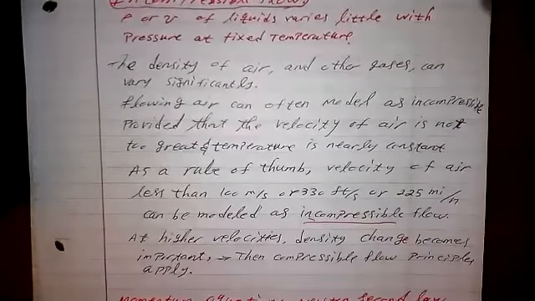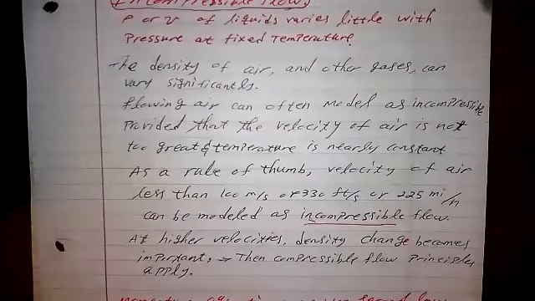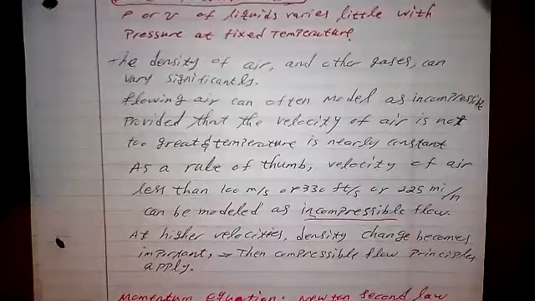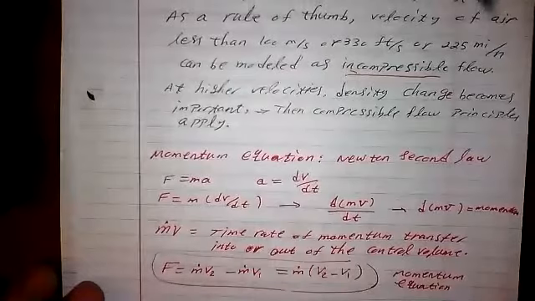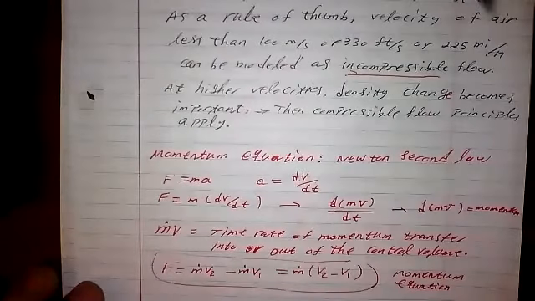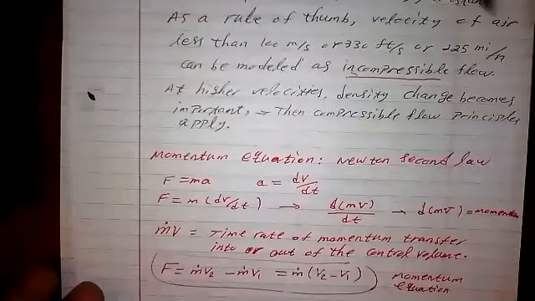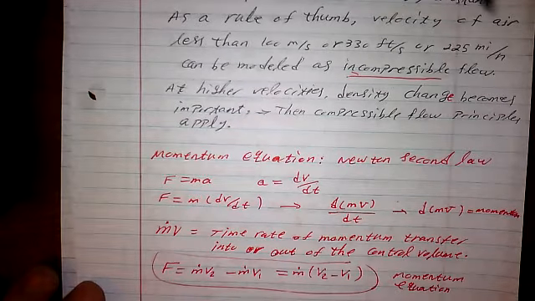When we say incompressible, that means the density doesn't change, but for a compressible fluid, the density changes. So in the Bernoulli principle, it is stated that air is considered to be an incompressible fluid, because they're assuming that the velocity of air is not too high.